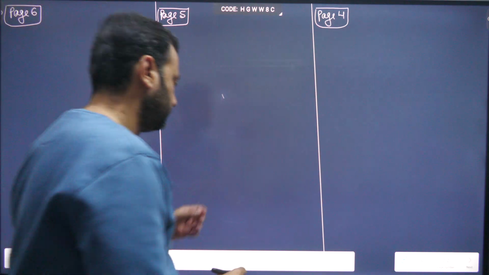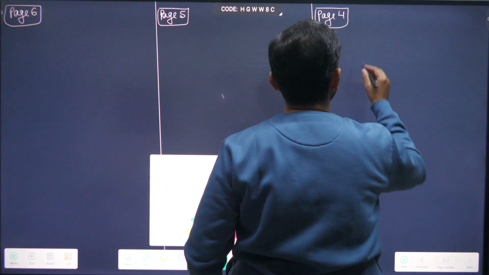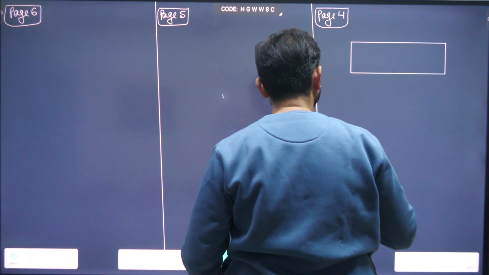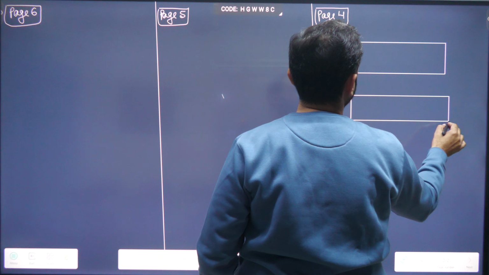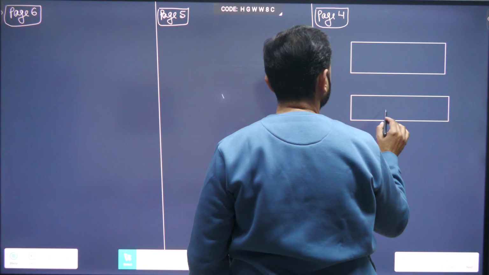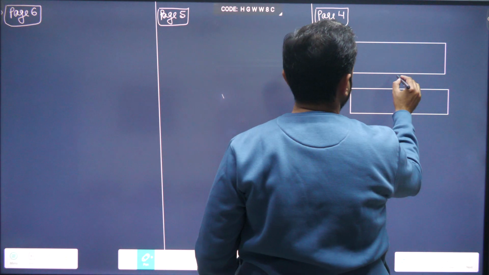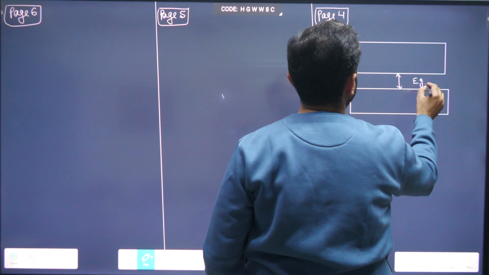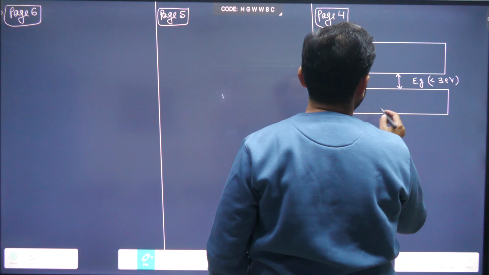Okay, now about semiconductors. In semiconductors, this energy gap is small. This energy gap EG is less than 3 electron volt. So energy gap is small.